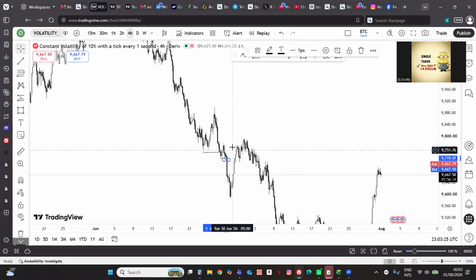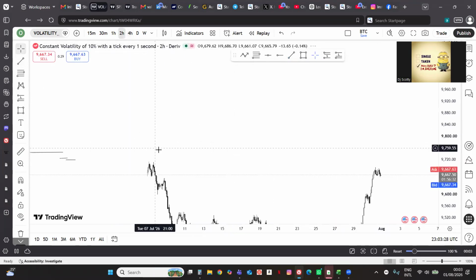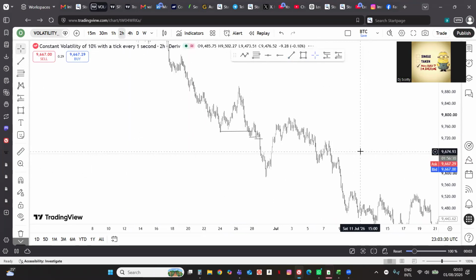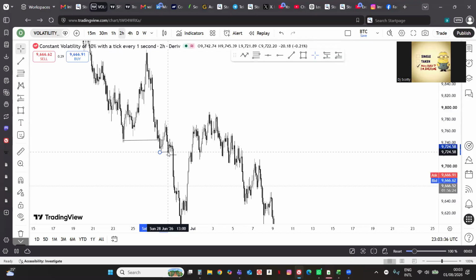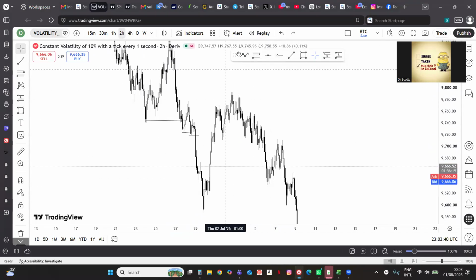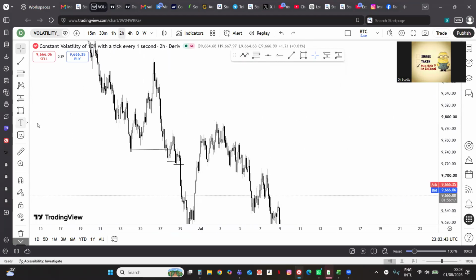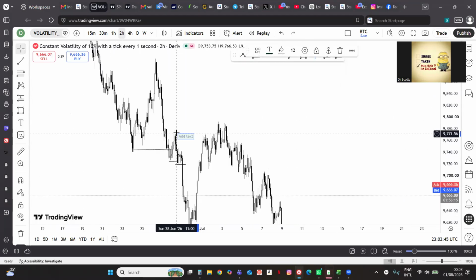If we go to the 2 hours time frame, it's clear. You can see them. No matter how small they are, as long as they are going back into the zone, it's still a proper low, right? So this is where we can now see that this is our A. These are A here, and these are B here.